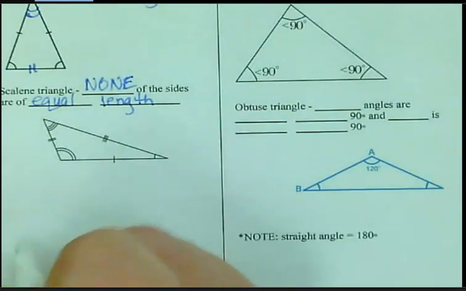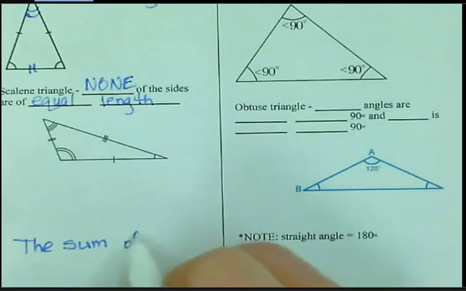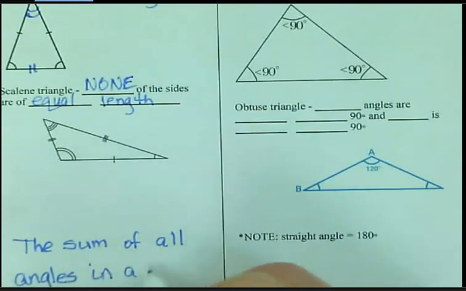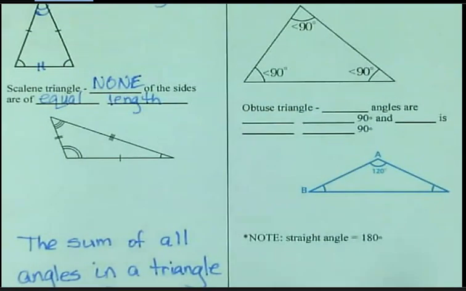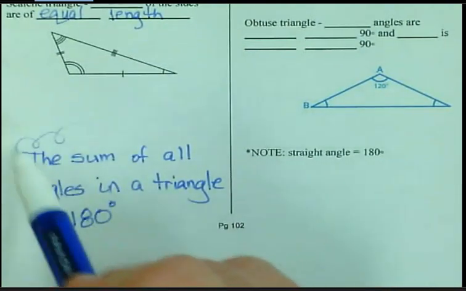I want you to also note the sum of all angles in a triangle equals 180 degrees every single time. Oops, slide that up there. The sum of all angles in a triangle equals 180 degrees every single time.